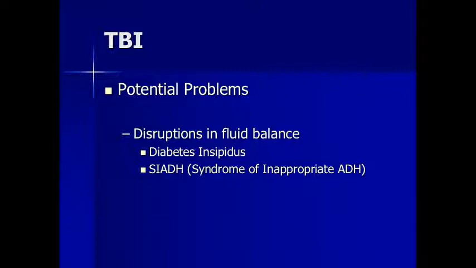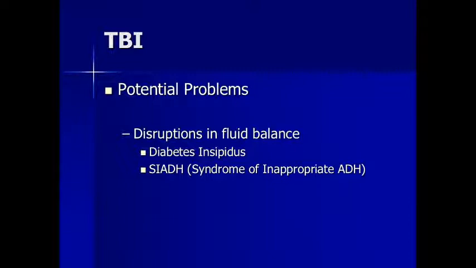First, with diabetes insipidus. We know that diabetes insipidus results when there is a decrease in ADH, which causes an increase in fluid to be excreted through the renal system. The urinary output is increased, and the specific gravity of urine is decreased.